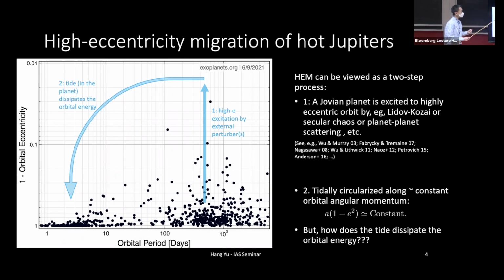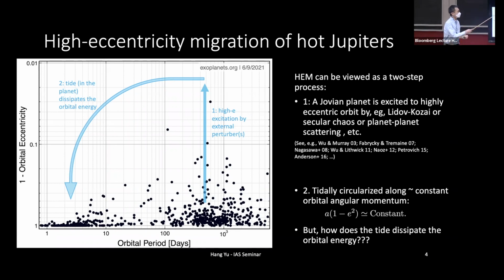In this second step, tidal interaction dissipates some of the orbital energy to allow the orbit to shrink and be circularized along a trajectory corresponding to roughly constant angular momentum. This way, a proto-hot Jupiter formed at a few AU can eventually form a hot Jupiter with a nearly circular orbit.